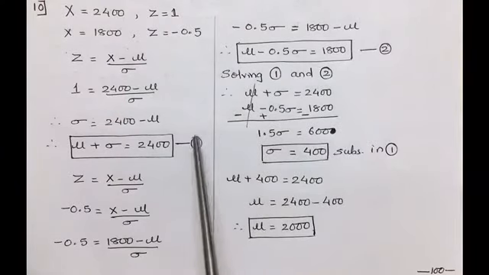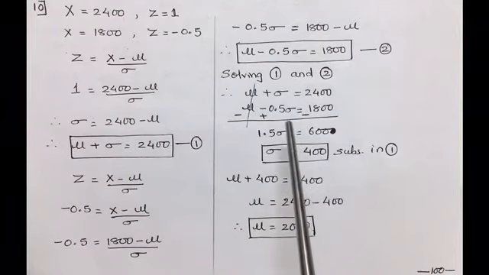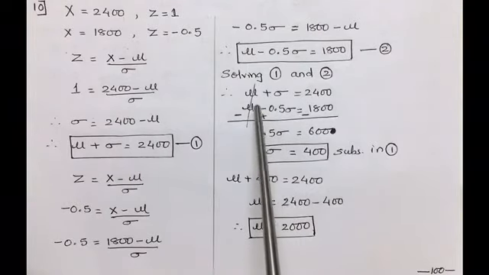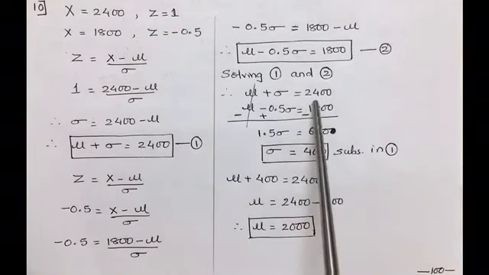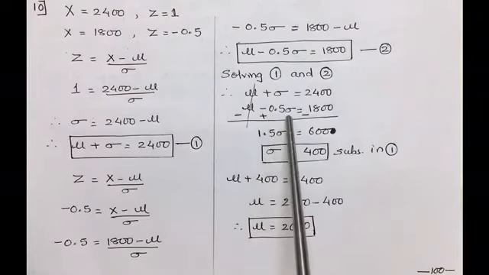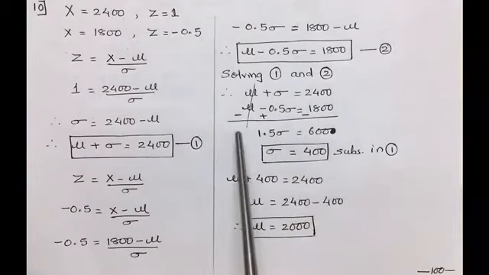So solving 1 and 2 by elimination, we'll write it here as mu plus sigma equal to 2400 as the first equation and mu minus 0.5 sigma equal to 1800.